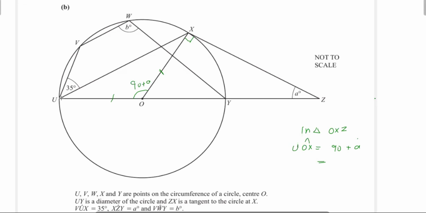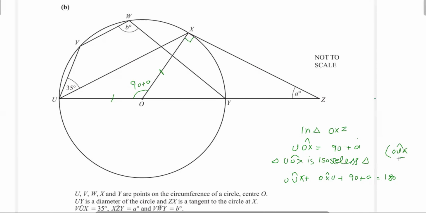Now you see here the triangle UOX is an isosceles triangle. In an isosceles triangle, the base angles are always equal. We name the angle OUX, and the second angle is OXU, plus 90 plus A will be equal to 180, and these two angles will be equal.